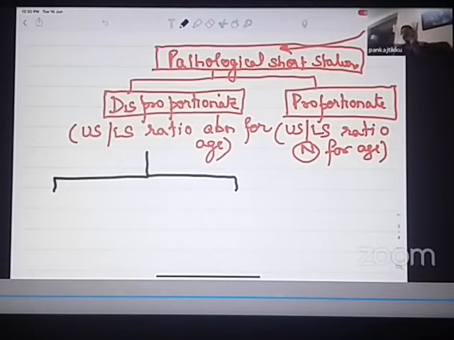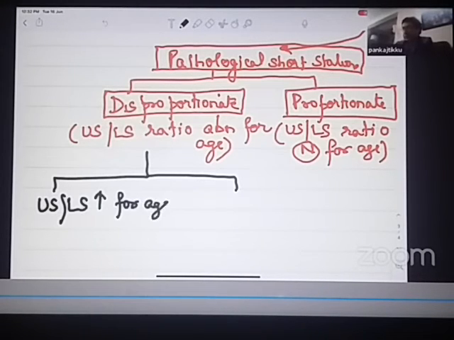Disproportionate short statures can again be of two types. The upper segment to the lower segment is more for age. The second, upper segment to lower segment is less for age. I will tell you a little later what the ratio is for each age. Just try to understand.